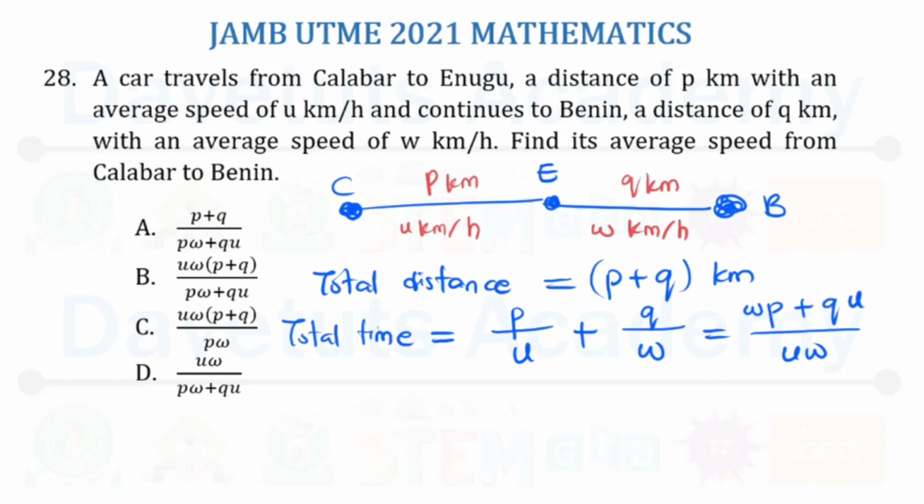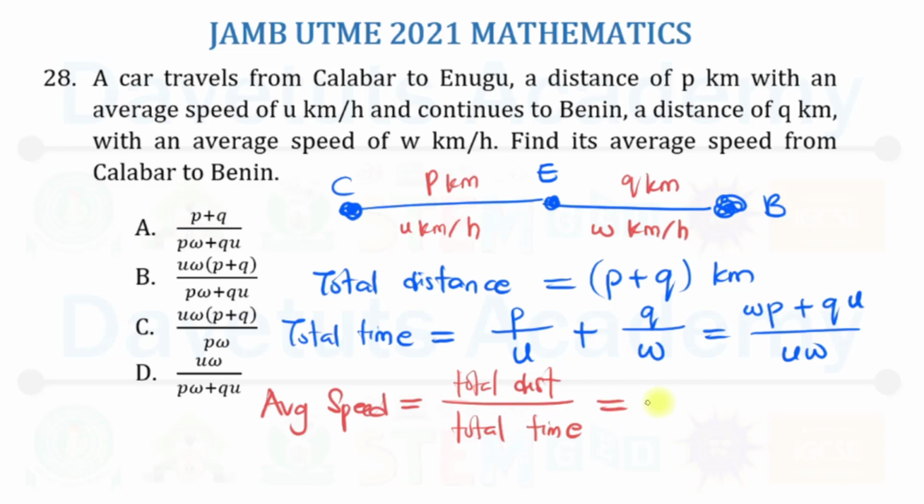So having done this, we can now find the average speed. Average speed will be nothing but the total distance that we have gotten already over the total time. Now distance is p plus q over, okay, the inverse of all of this now.